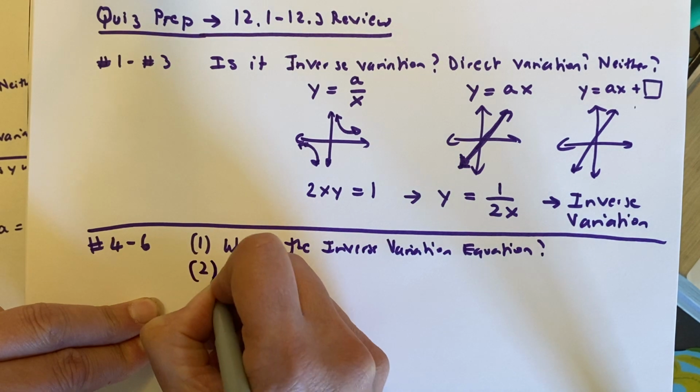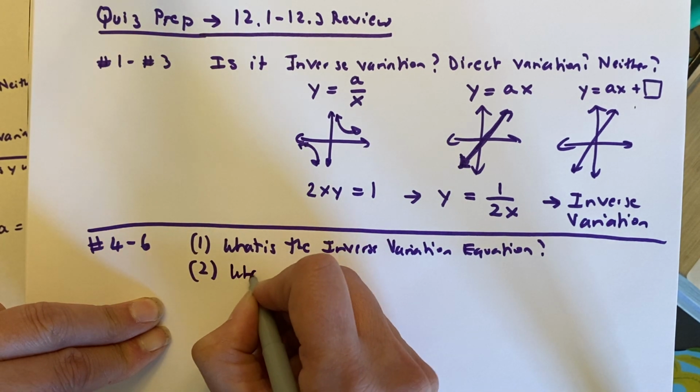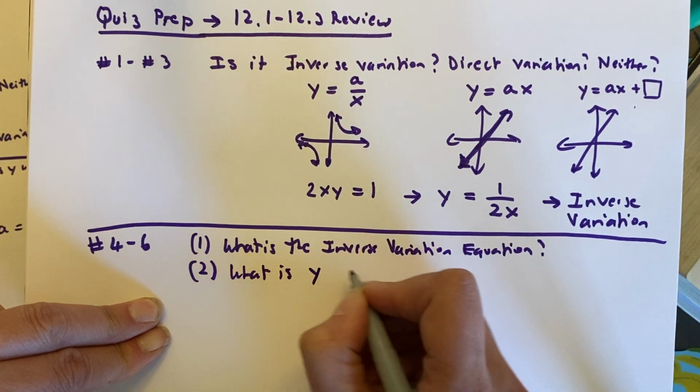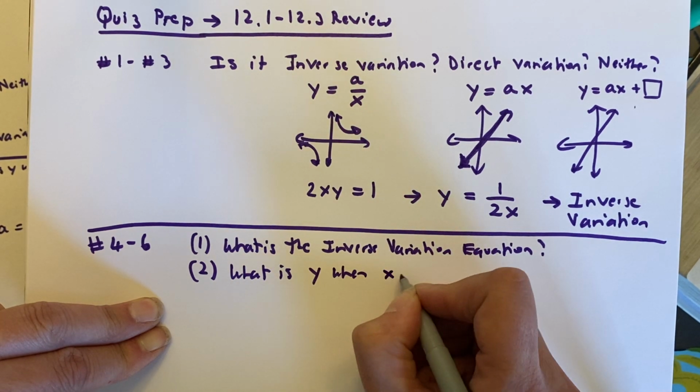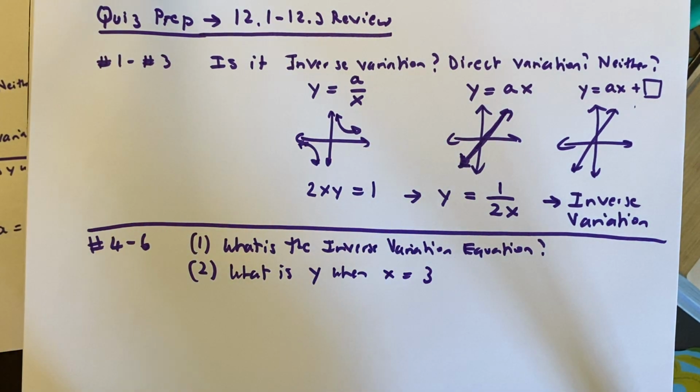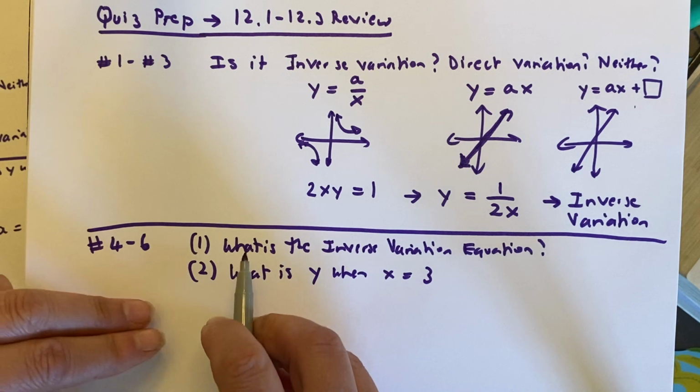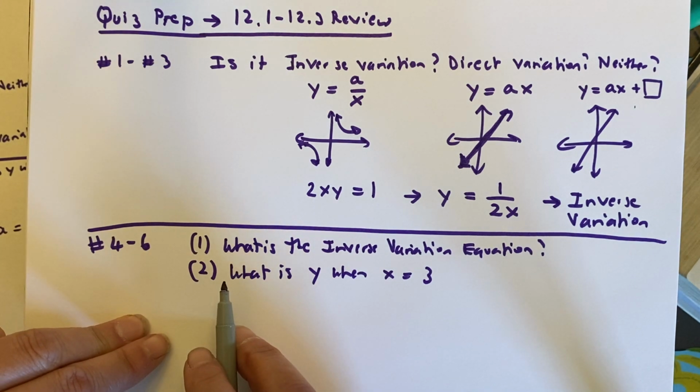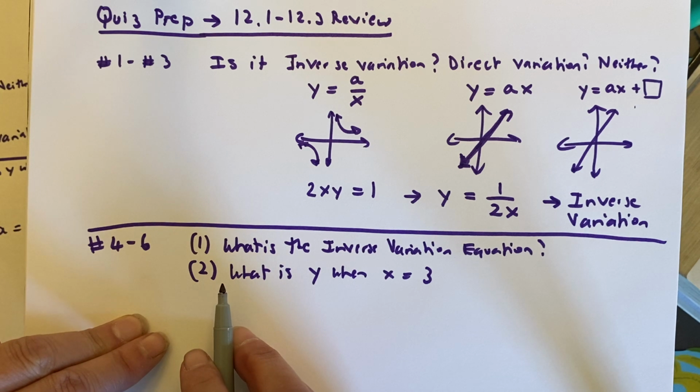And second, what is y when x equals 3? It is very easy to accidentally solve one and then forget to solve the second part of this question, so make sure you don't forget.